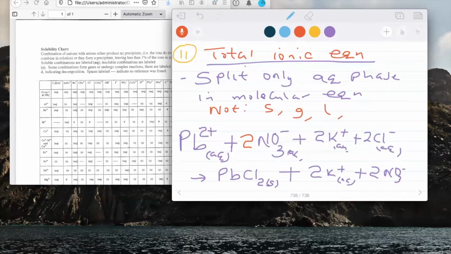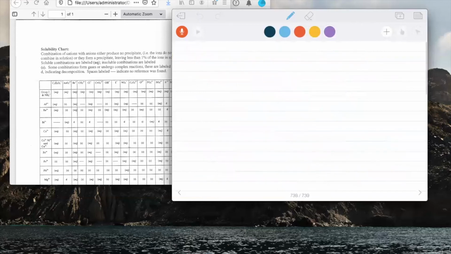Any questions so far on how to derive the total ionic equation before I move on to net? If there's no question, let's move on to the last type of equation we call net ionic equation. All right, net ionic equation.